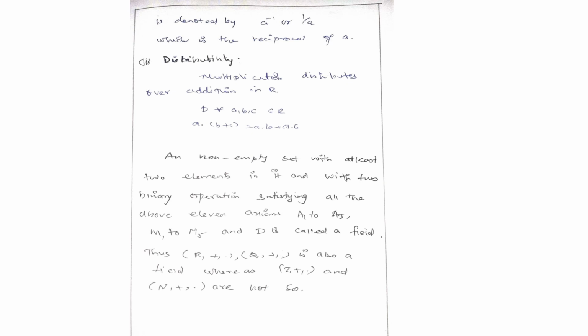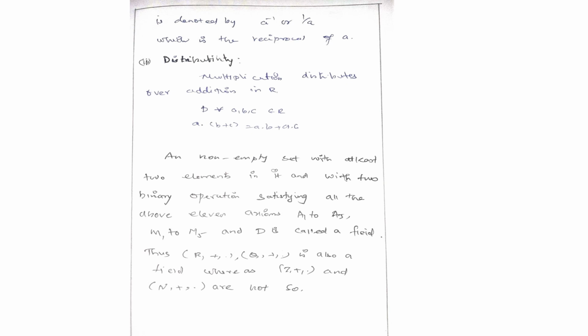Rational numbers and real numbers are fields. When it comes to natural numbers and integers, they are not fields. The real numbers satisfy the ordered field axioms. The same thing, the rational numbers Q also satisfy all the axioms, but the natural numbers and the integers do not satisfy all the axioms.